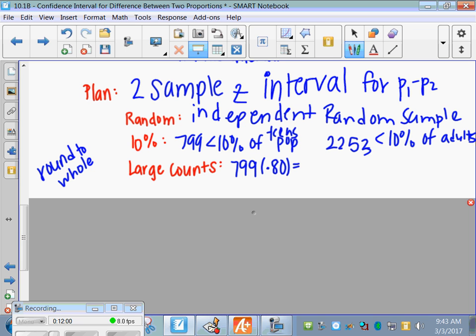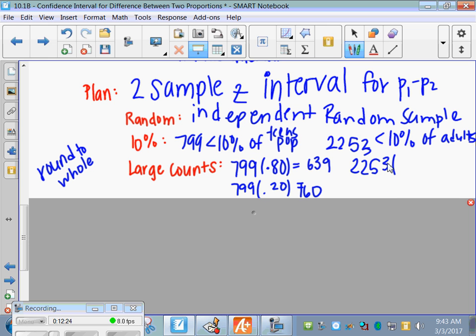Okay? When you plug these numbers into your calculator, which we're going to need, it will not do decimals. Okay? So you got to round. So this would give us about 639 teens who used social media. And then the weird 20% that don't is 160. I'm just kidding. And they're probably better off for it.